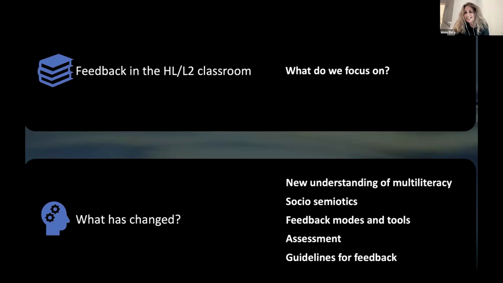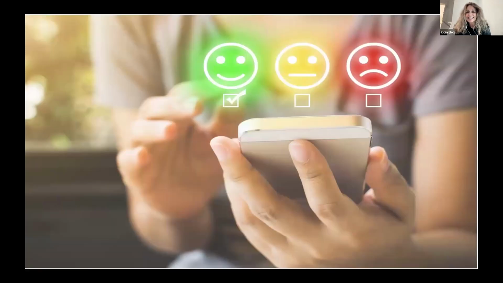The second part is what has changed in the classroom that makes us think again about how we provide feedback. We will look at understanding multiliteracies, social semiotics, feedback modes and tools, and assessment guidelines for feedback.